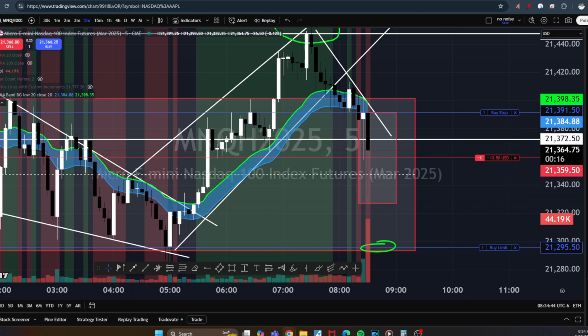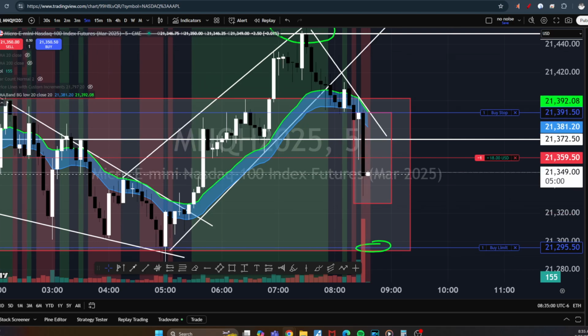Even if this closes in the middle or at its high, I'm tempted to fade it. It looks like we're going to get a close below this. 5 seconds. Let's see if this next candle just dumps for us.